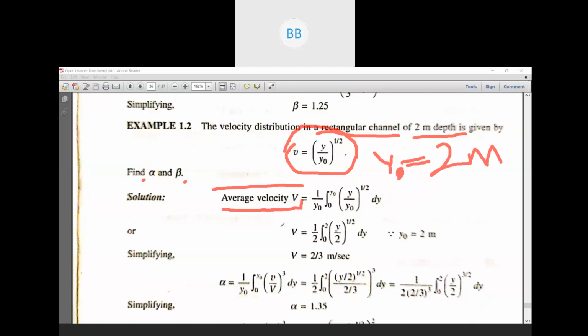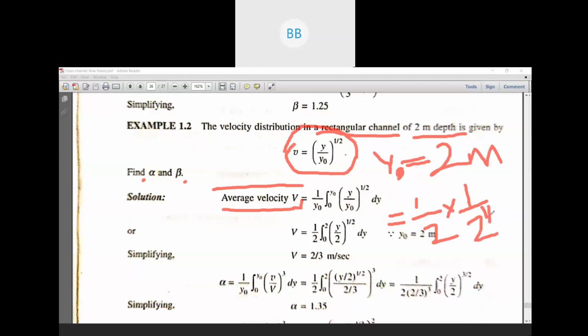So similarly, you can find the V value. That y naught value is given as 2 meters, so that is why 1 by 2. Then your integration limit is from 0 to 2, and again in place of y naught we substitute 2: (y by 2) to the power half dy. If we further solve, 1 by 2 multiplied by the constant, that is 1 by 2 to the power half.